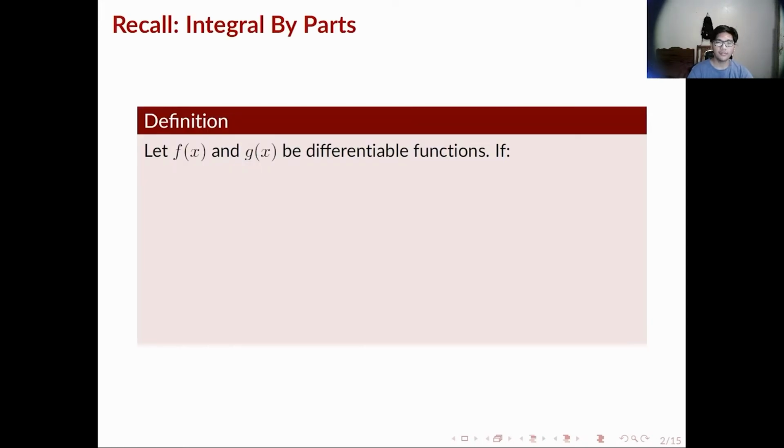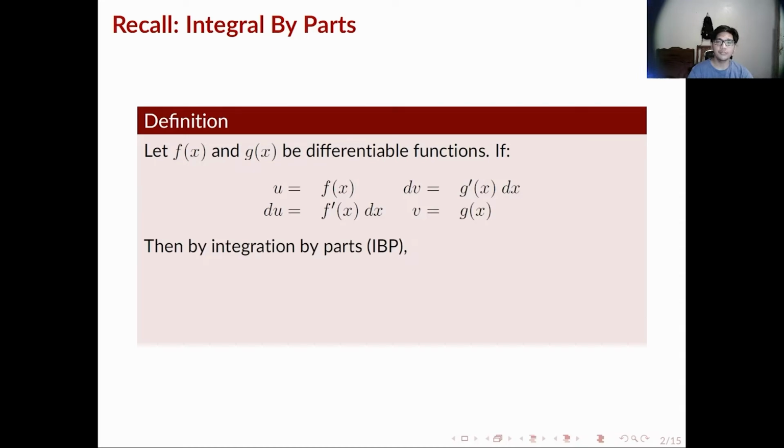Let f of x and g of x be differentiable functions. If u is equal to f of x, du is equal to f prime of x dx, dv is equal to g prime of x dx, and v is equal to g of x, then by integration by parts, or IBP, we get the following formulas.